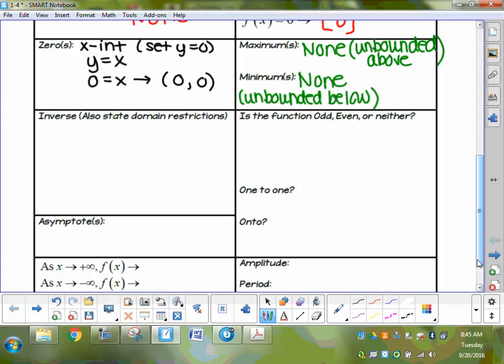A line is an onto function, but a parabola is not. Does anybody remember why the parabola was not an onto function? I don't know if this is correct, but it doesn't always increase the same interval. No? Go back and look then. You have your note packets, go back and look.